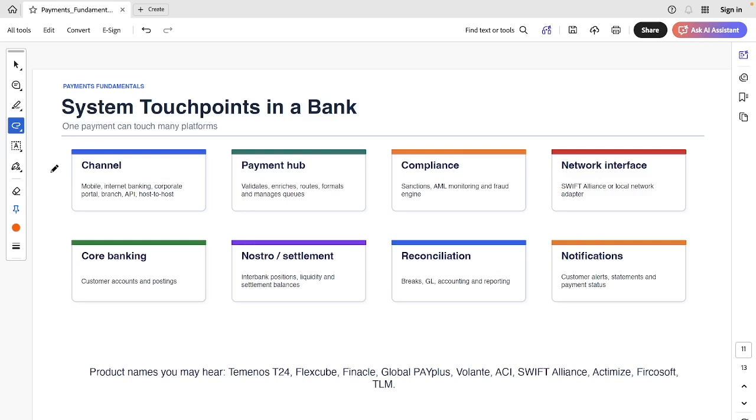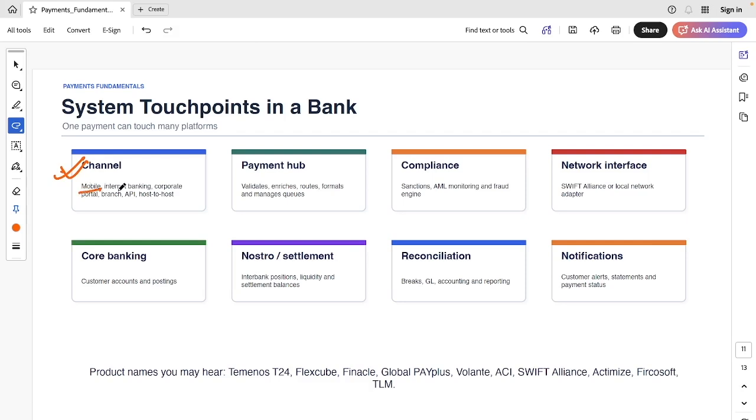So as you have seen the payment life cycle, you must be curious whether it happens in a single system, or whether it involves multiple systems. Basically, in the payment journey, multiple systems are involved. First, before the payment is initiated or instructed, the channel comes into the picture. Channels we have already talked about.